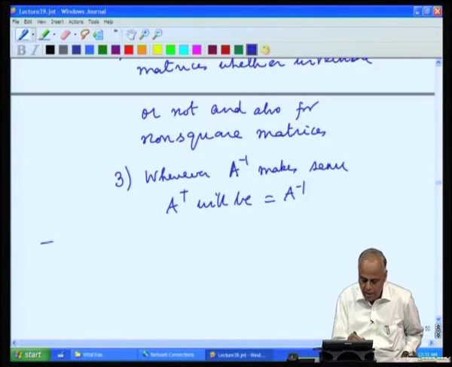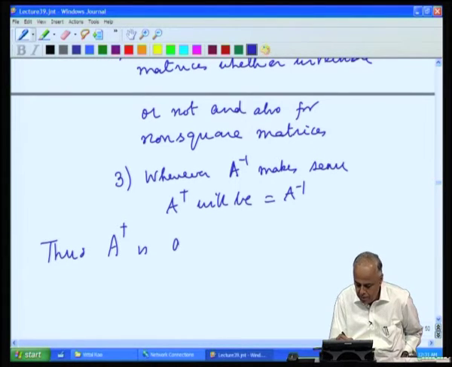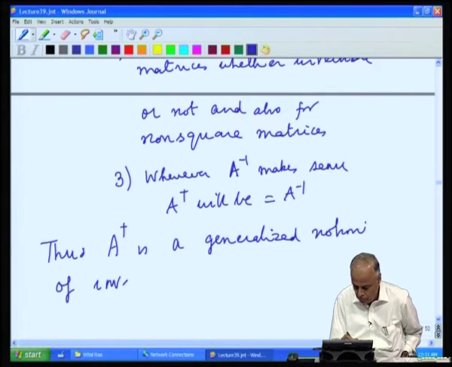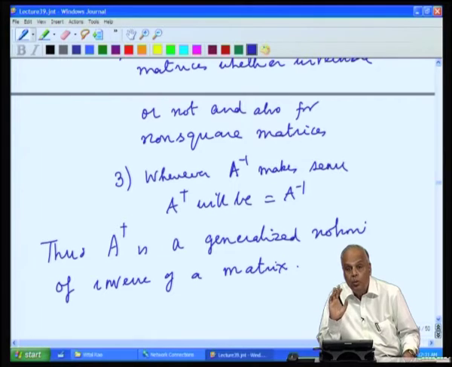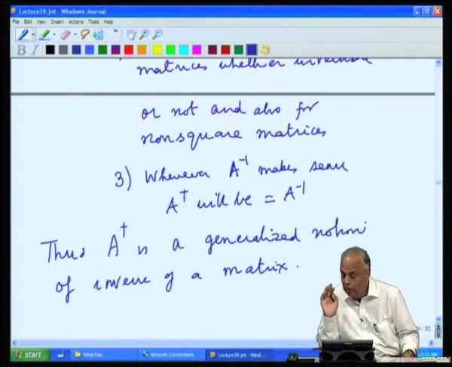Thus, A dagger is a generalized notion of the inverse of a matrix. It is a far reaching generalization of the notion of inverse.